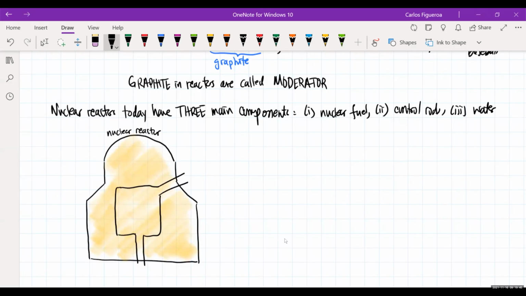Now what happens here is that I have fuel rods. In these locations right here, these guys now have nuclear reactions that occur.